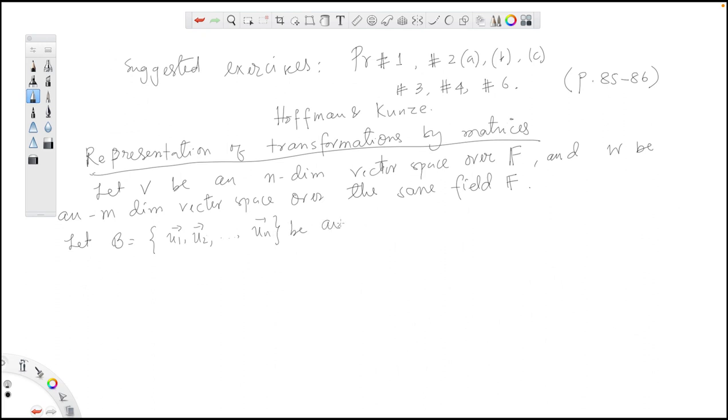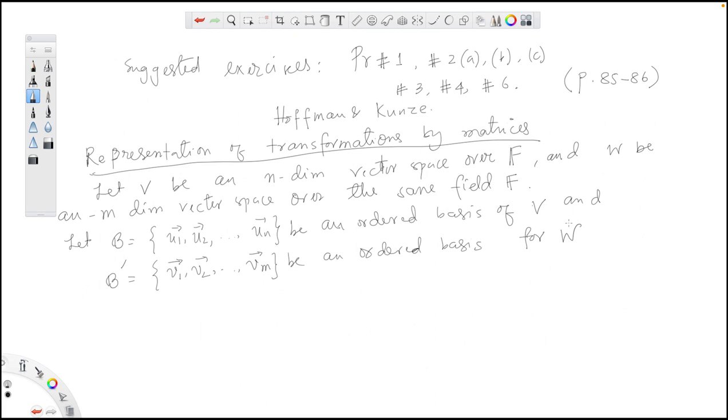Let this set be an ordered basis for the vector space V, and calligraphic B prime equal to the set v1, v2 all the way up to vm be an ordered basis for W. Okay, so W was taken to be an m-dimensional vector space and V was taken to be an n-dimensional vector space, right?